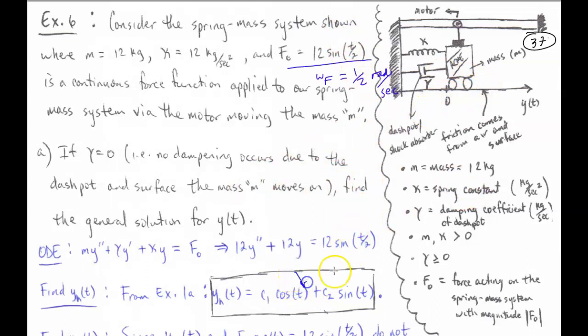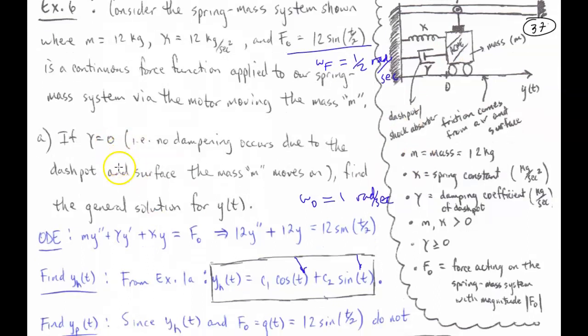As you can tell with the cosine t's and sine t's here, our natural frequency is going to be 1 radian per second. So this is telling me that my force function is operating at a frequency half of the natural frequency for the spring mass system.